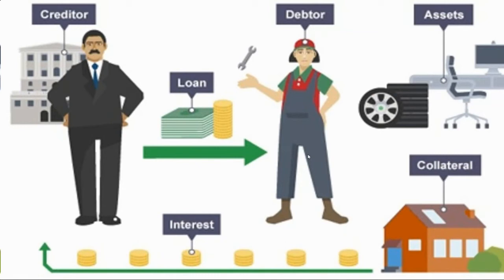So as you can see in this transaction, one party will be the creditor, one will be the debtor. In one entity's books, they will have a creditor, and the other entity will show a corresponding debtor, and the balances should be exactly the same.